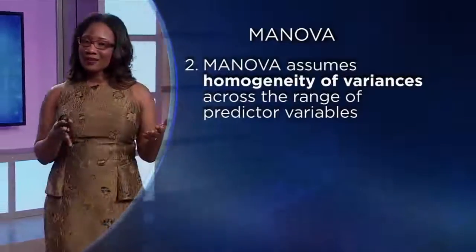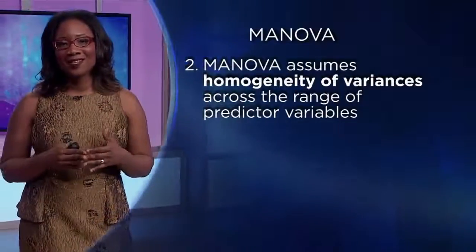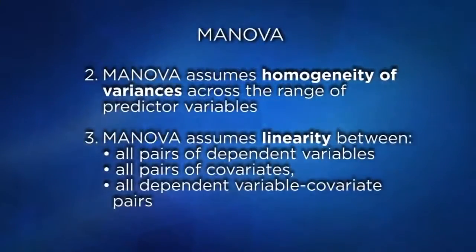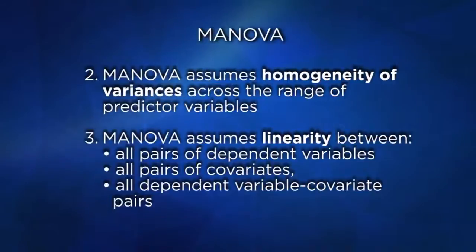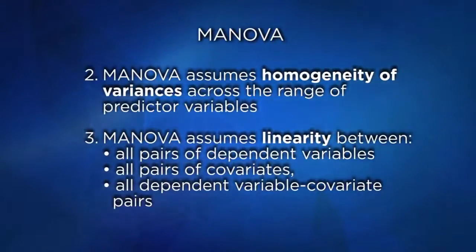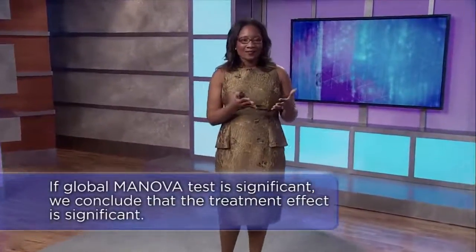Secondly, like ANOVA, MANOVA assumes homogeneity of variances across the range of our predictor variables. And MANOVA assumes linearity between all pairs of dependent variables, all pairs of covariates, and all of our dependent variable-covariate pairs.